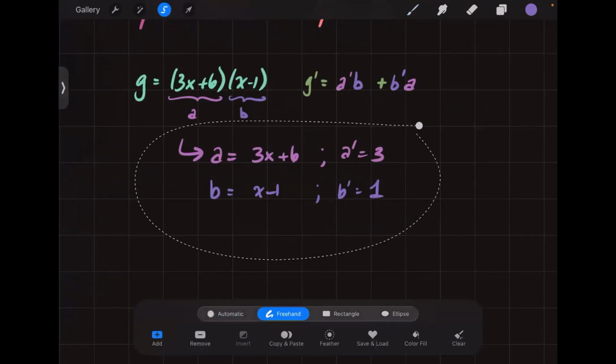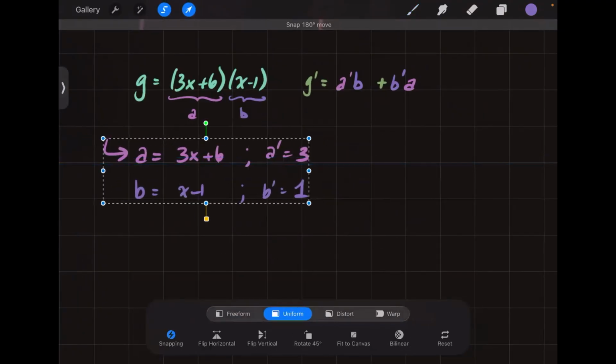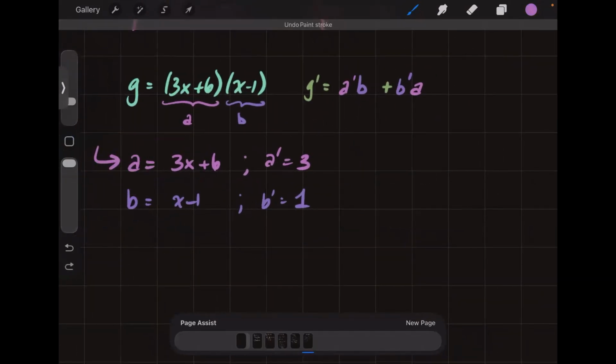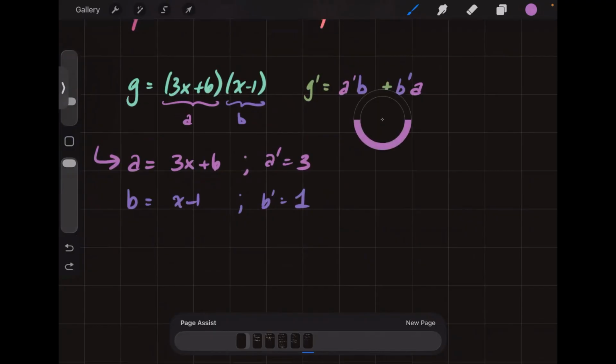Which means, I'm going to shimmy this over a little bit so we have some space, which means you can actually just plug this right back into here, right? And this is going to equal A prime, which is 3, times B, which is x minus 1, the whole thing, plus B prime, which is 1, times A, 3x plus 6.